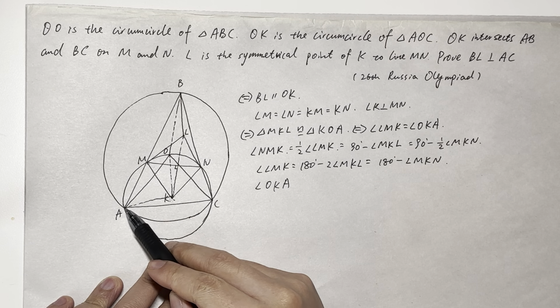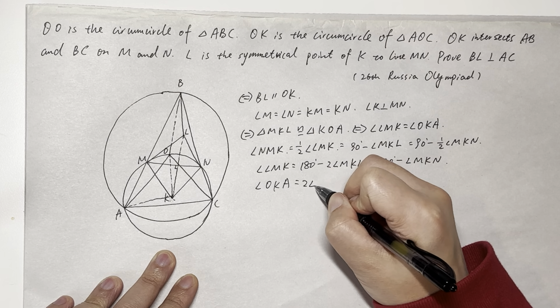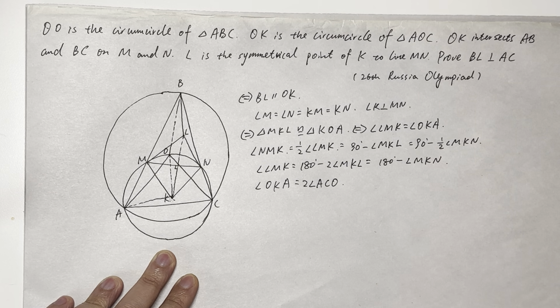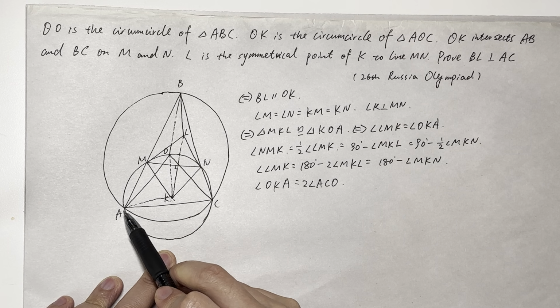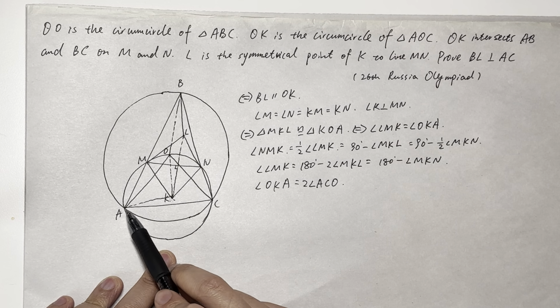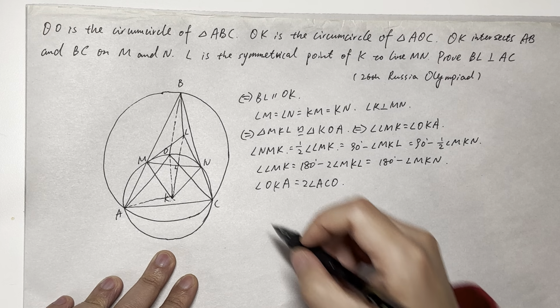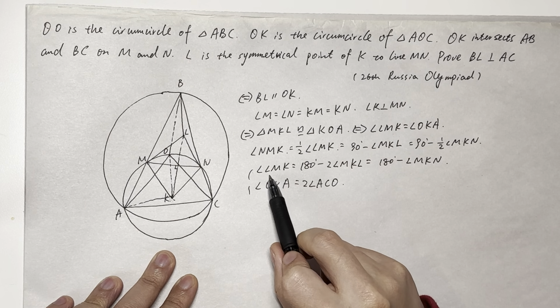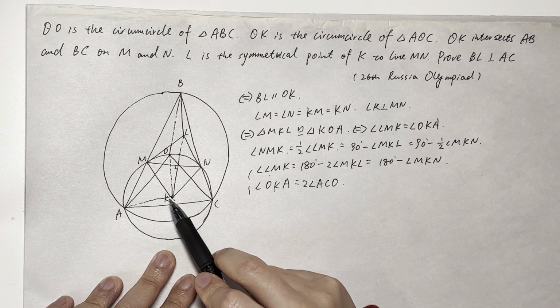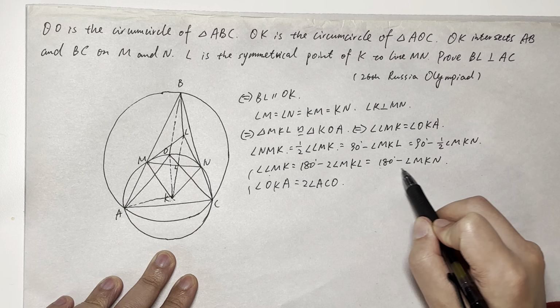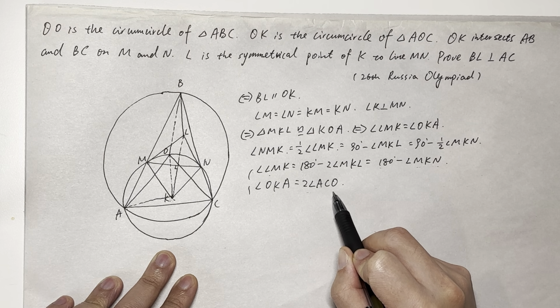Angle OKA equals twice of angle ACO. Right? Angle OKA is twice of angle OCA or angle ACO. So let's just assume that if angle LMK equals angle AKO, what can we get? That means this one equals this one, right?